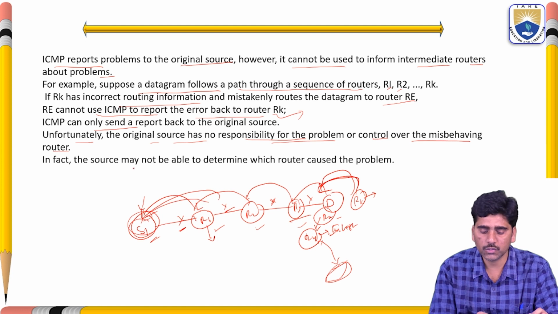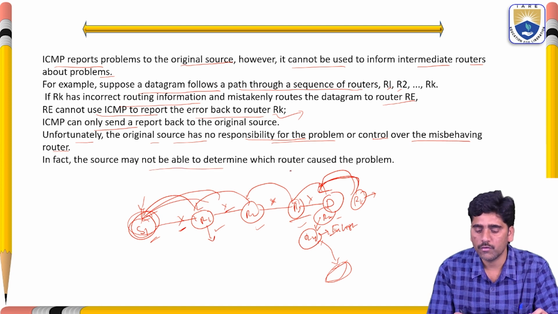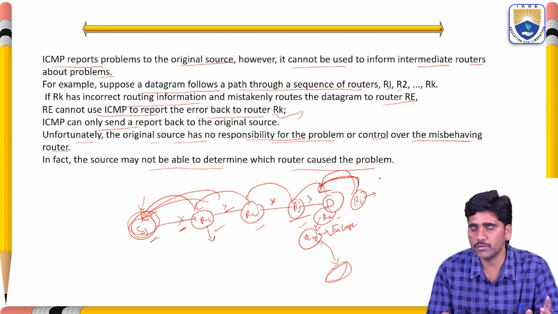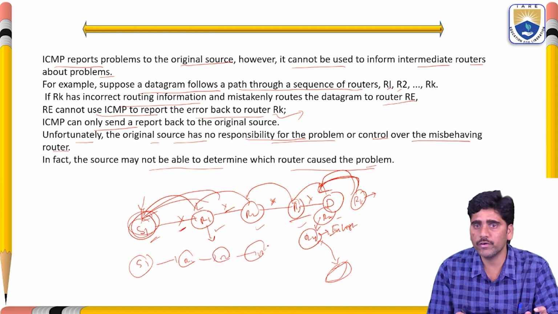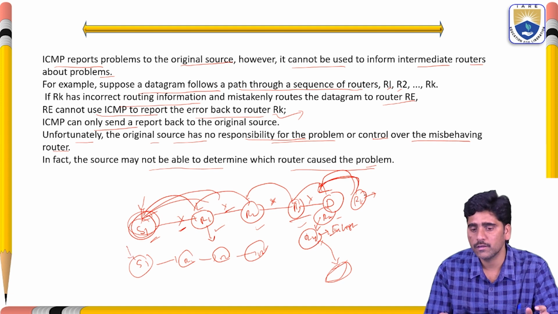In fact, the source may not be able to determine which router caused the problem, because the source is at one end, but the routers are in between the source and destination. If a router fails, the source may not be able to identify which router has the problem.